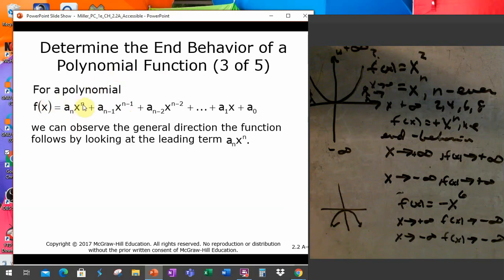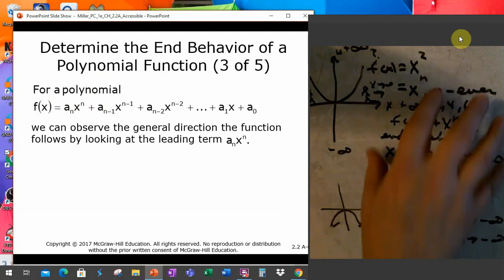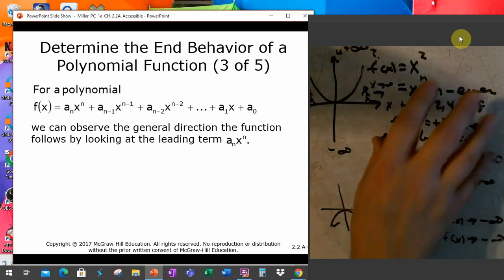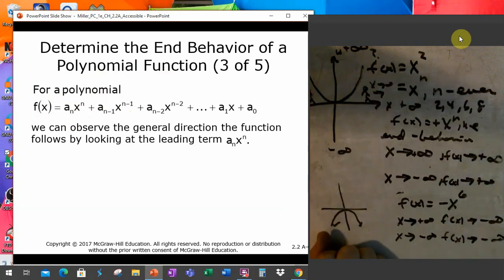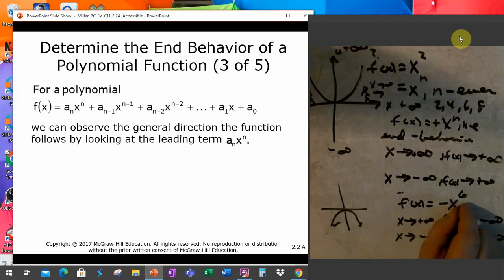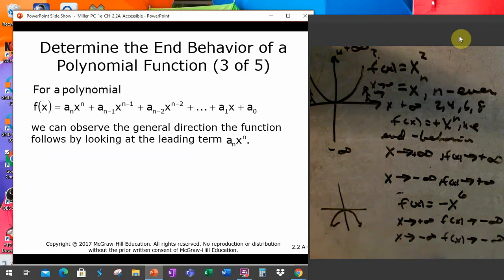So all I have to do is look at the highest power and then determine the end behavior from there. If n is an even number and a sub n is positive, this is what I get. If a sub n is negative and it's an even power, this is what's going to happen. That's the end behavior.